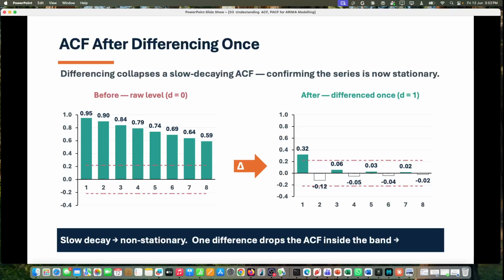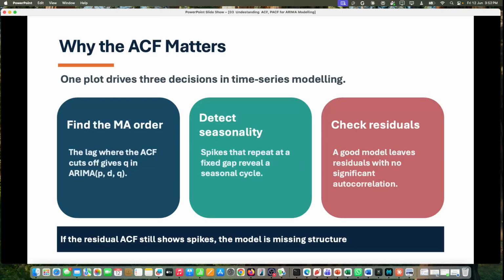Now you have only one lag outside the cutoff point. So stationary data will not have a slow decay, whereas non-stationary data will have a slow autocorrelation decay. That means autocorrelation also helps you understand whether a series is stationary or not.